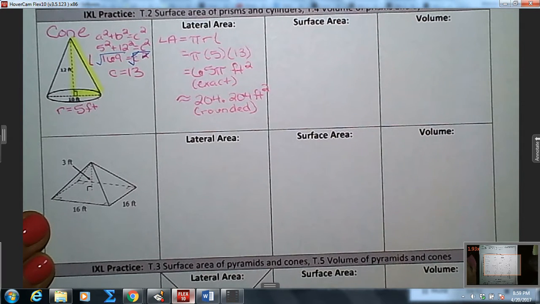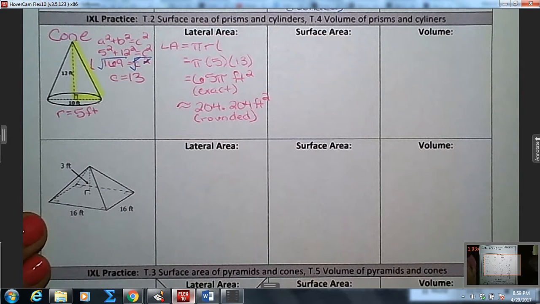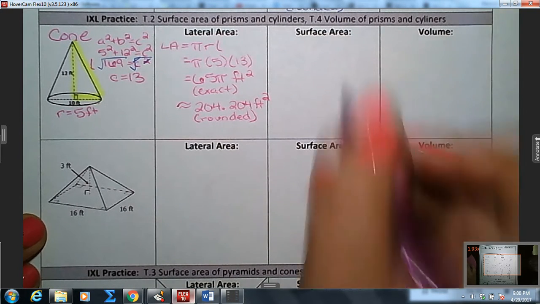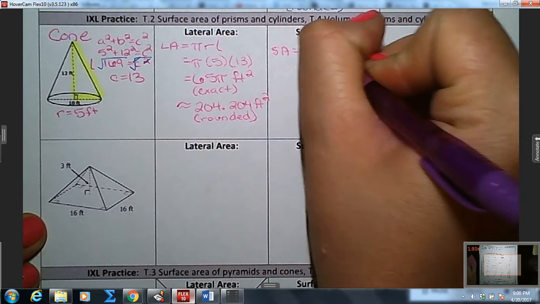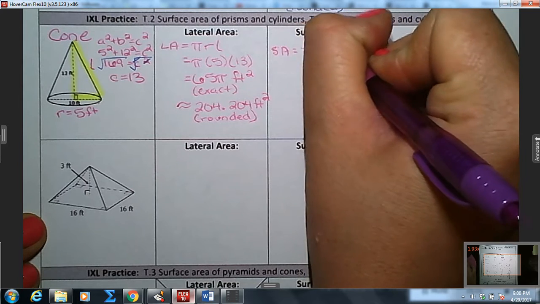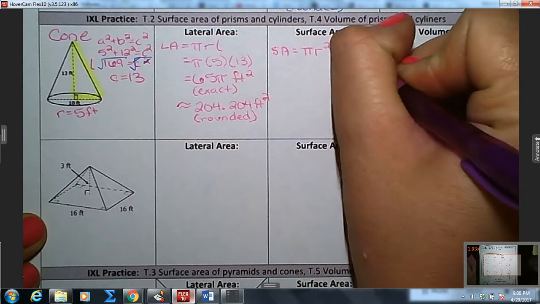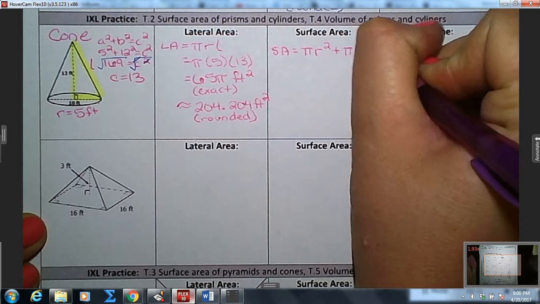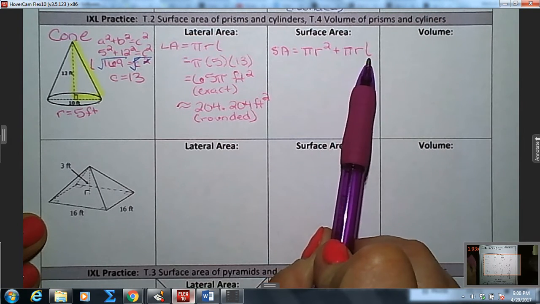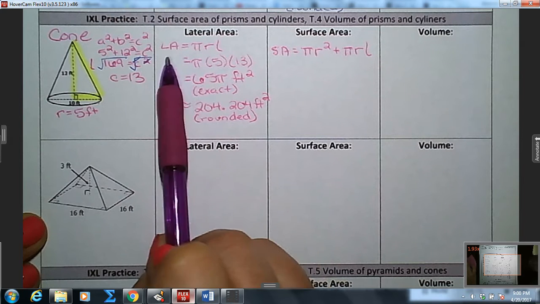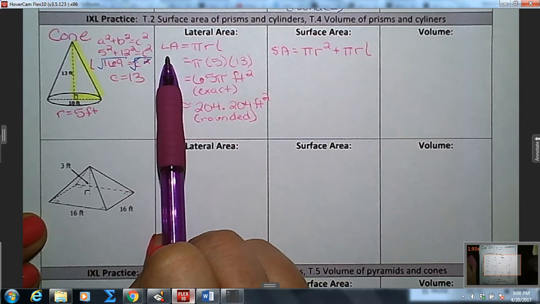Okay, next we're going to work towards finding the surface area of this cone. The surface area formula for a cone is pi r squared plus pi rl. Now guys, we just found pi rl. Pi rl is the lateral area of the cone.